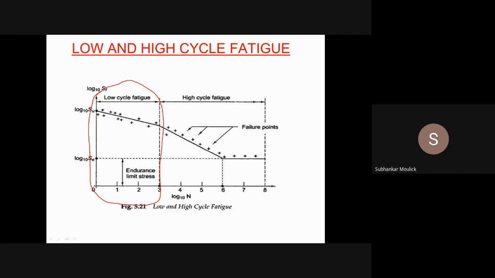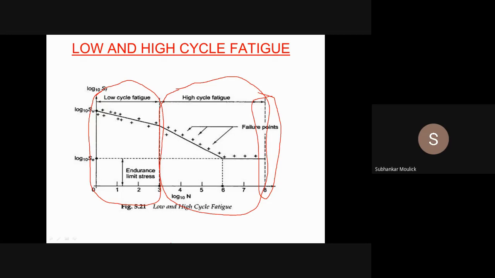Any fatigue failure when the number of stress cycles is more than 10 to the power 3 and up to 10 to the power 8 cycle, that particular S-N curve is known as high cycle fatigue.